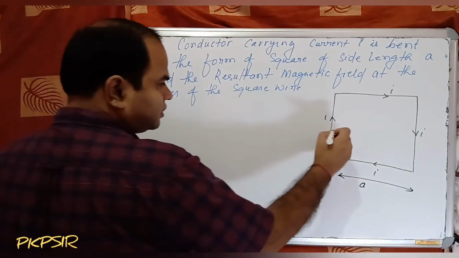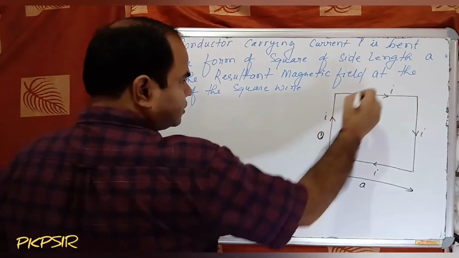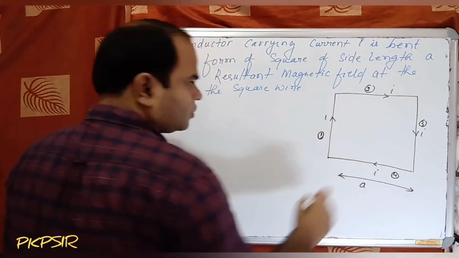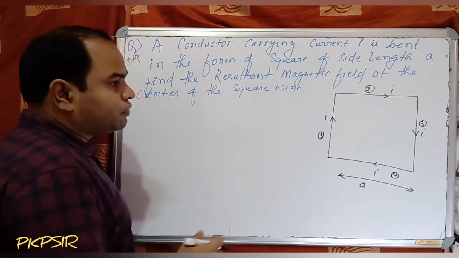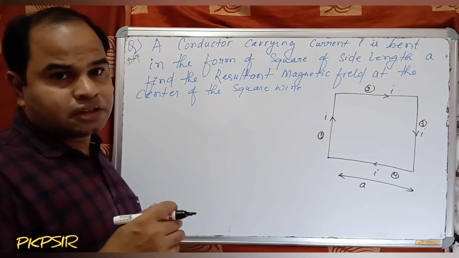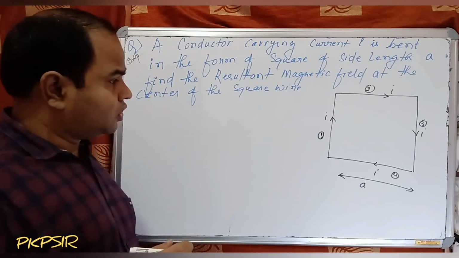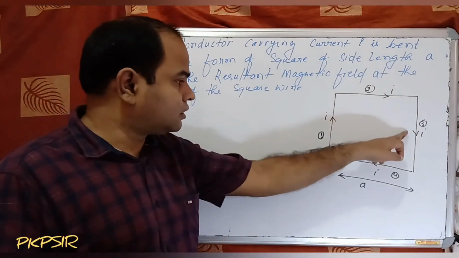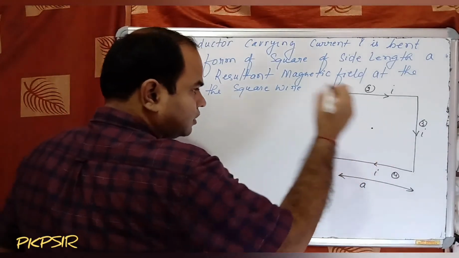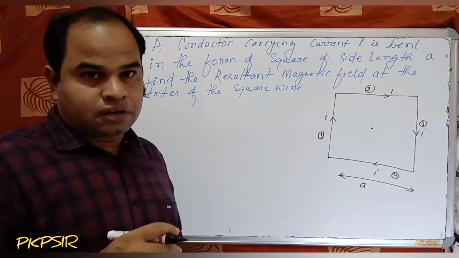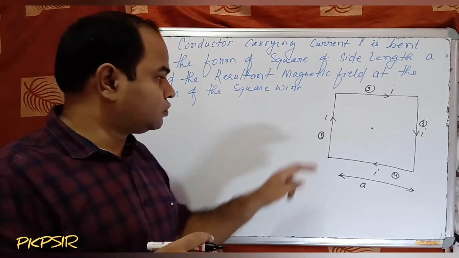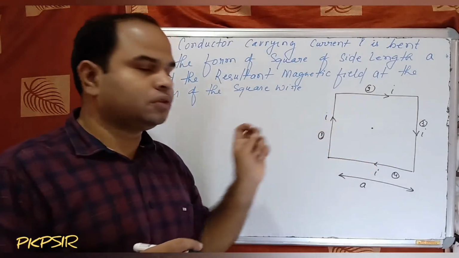So let us say this is the first conductor, this is the second conductor, this is third, this is fourth. We have to find the magnitude and direction of the net magnetic field at the center of the square due to the four conductors, 1, 2, 3, 4.